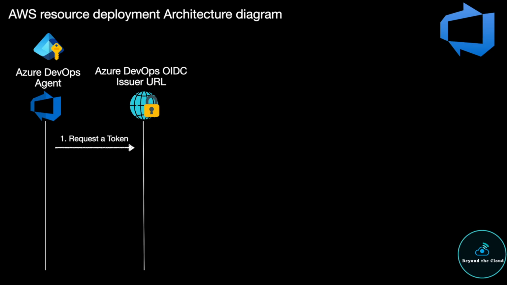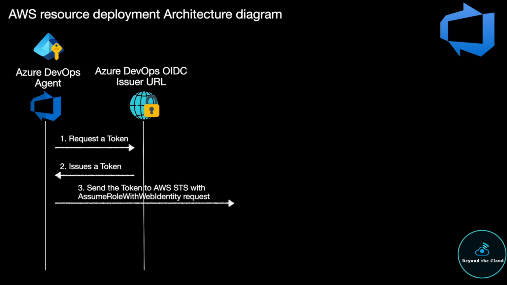So your DevOps pipeline needs a token from the OIDC issuer URL of your Azure Entra. Then Entra gives back a temporary token to your DevOps so that it can authorize itself as an authorized party to request a token. This is the very important part.